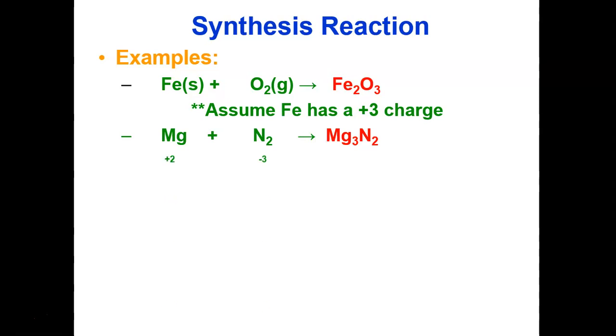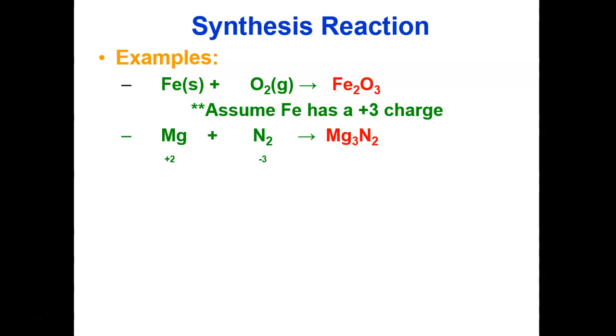I really suggest that when you're working on these, it's helpful on the left just to jot down the charges, because then you're not just trying to figure it all out in your head, you have something on the paper. So when I combine magnesium and nitrogen, I again have to consider their ion charges. Magnesium loses 2 electrons to be like a noble gas, so it has a charge of +2, and nitrogen gains 3 electrons.